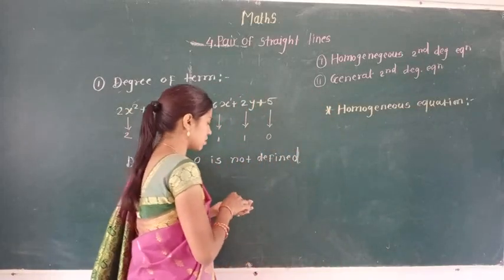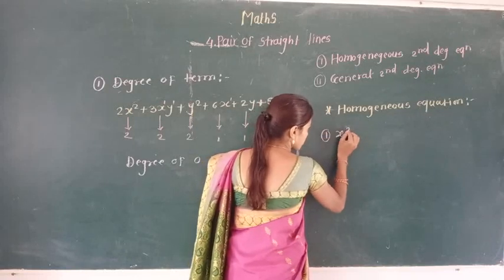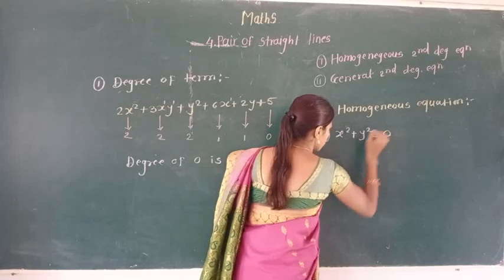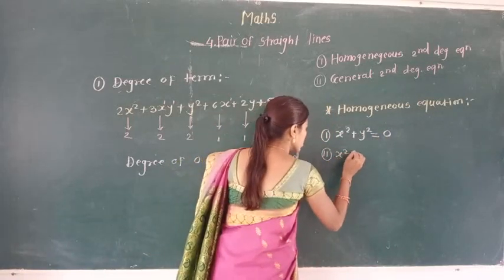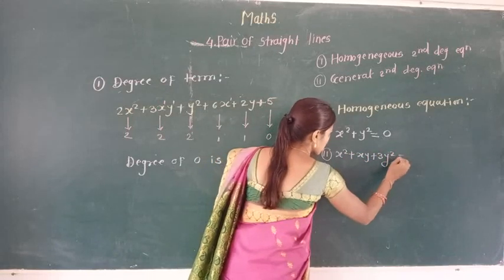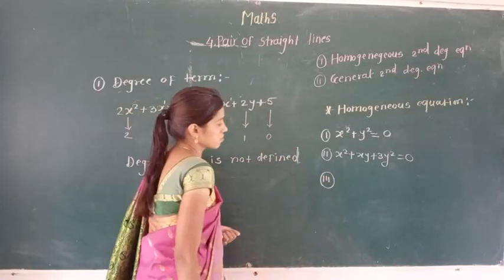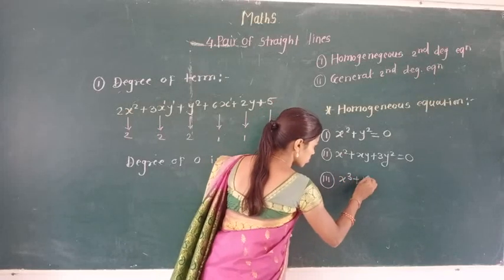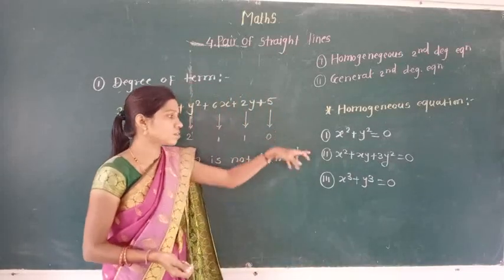Suppose we consider the first example, x square plus y square is equal to 0. The second example is x square plus xy plus 3y square is equal to 0. And the third example is x cube plus y cube is equal to 0. Now see all these three examples.